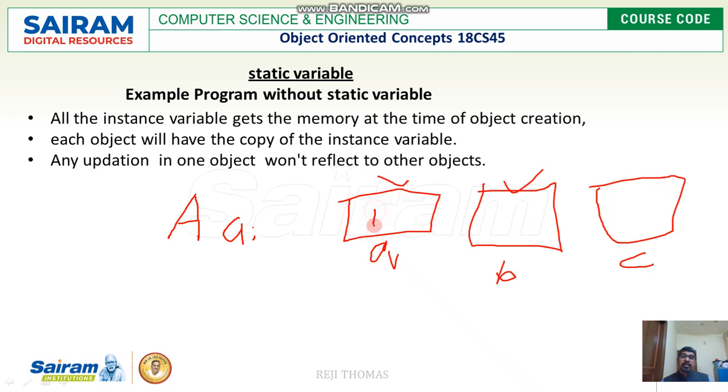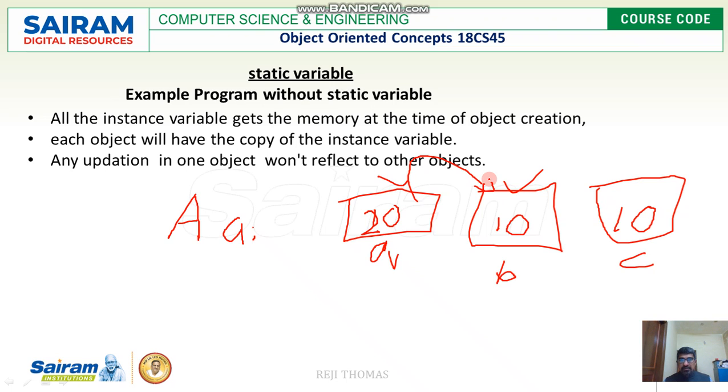Think that a is 10, and let us take that every object has the same value. Now I want to change the value of a. I'll make it 20. So when I do this, it will not reflect in other objects. This is what happens with a normal variable.